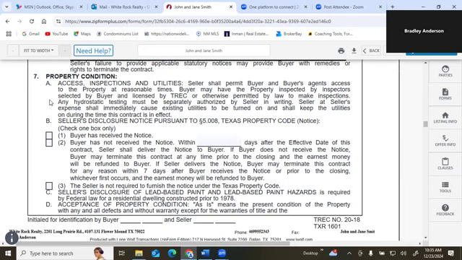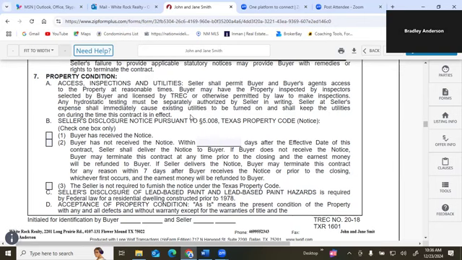Any hydrostatic testing must be separately authorized by seller in writing. Seller at seller's expense shall immediately cause existing utilities to be turned on and shall keep the utilities on during the entire time of this contract. You can't imagine how frequently this comes up.